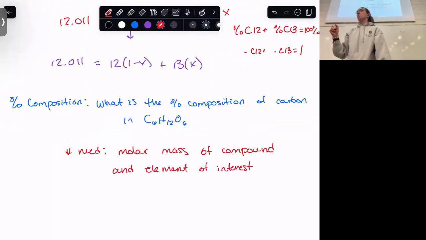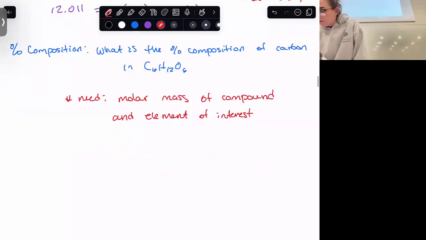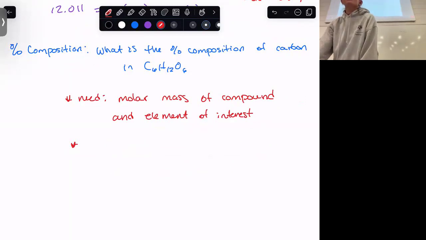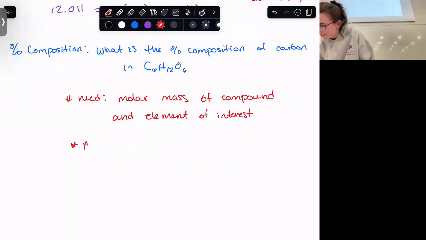We need the molar mass of the compound and the element of interest. What else do we need? Yeah, perfect.